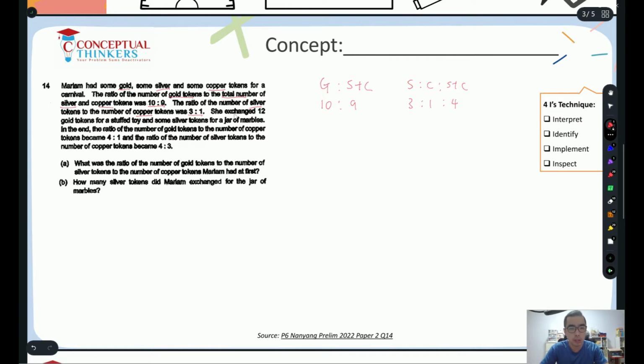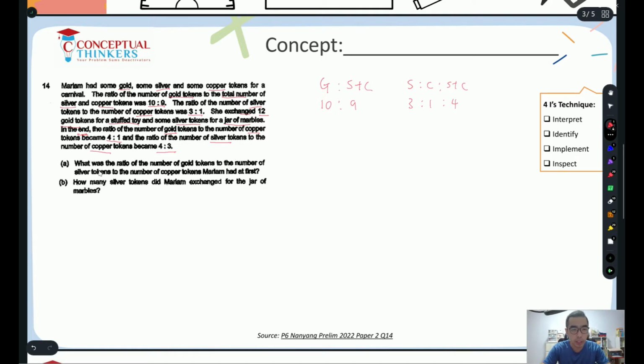So let's continue. She exchanged 12 gold tokens for a stuffed toy and some silver tokens for a jar of marbles. Now in the end, the ratio of gold tokens to copper tokens became 4:1, and the ratio of the number of silver tokens to copper tokens became 4:3.